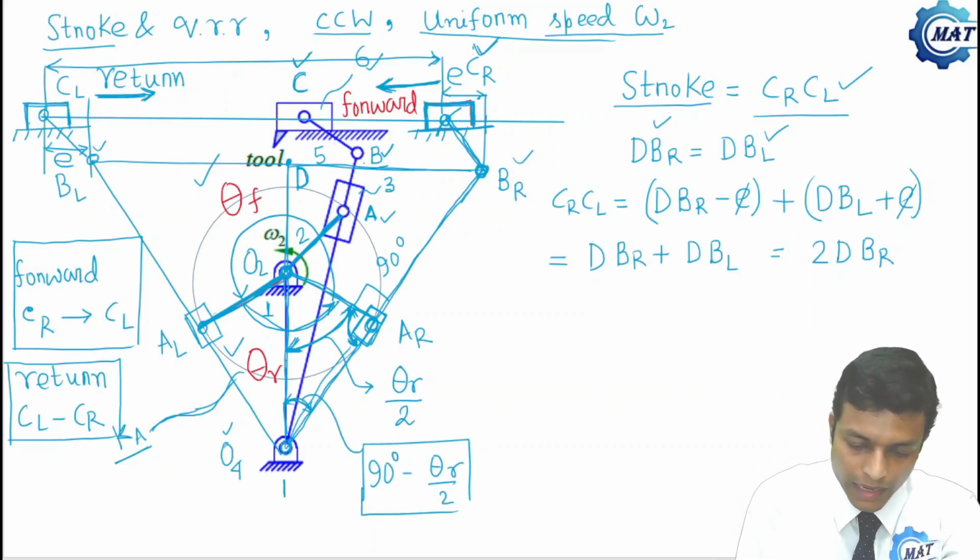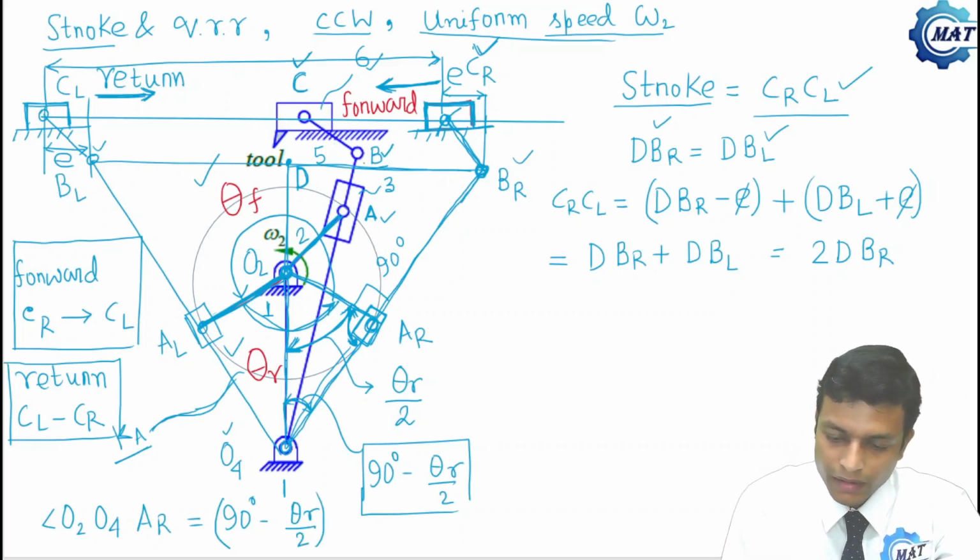So angle O2 O4 AR is 90 degree minus theta R by 2.